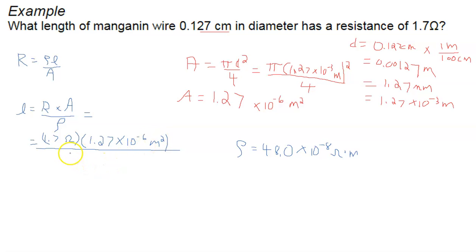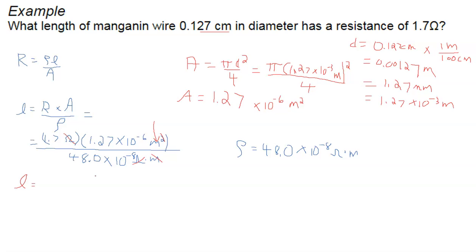Okay, so I suppose I should have just wrote it in here, eh? 48.0 times 10 to the negative 8 ohms times meters. Now, that's a decimal there, right? So, when we're looking at this example now, remember that ohms here cancels with ohms here. Meters here cancels with one of the meters in the numerator, and the unit we're left with is meters. And it's important to make sure that the units are correct.